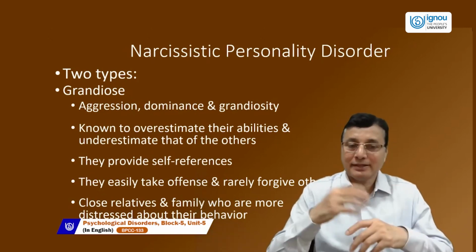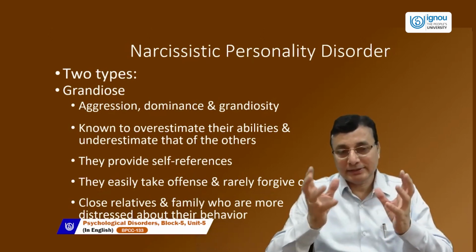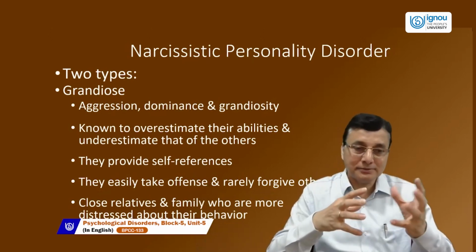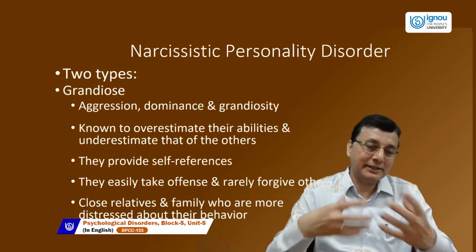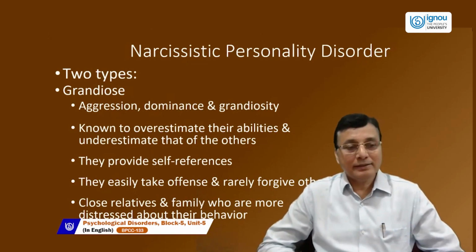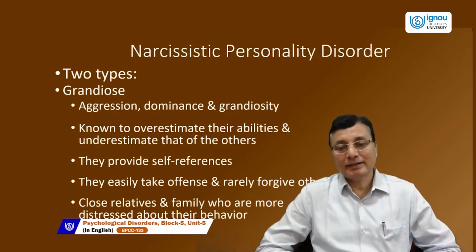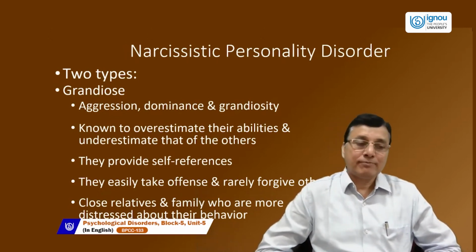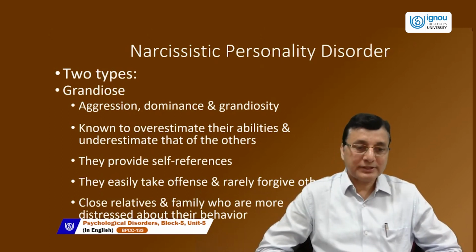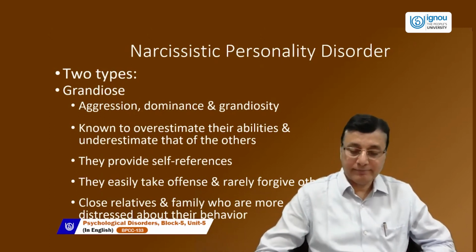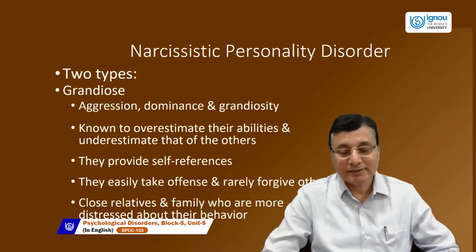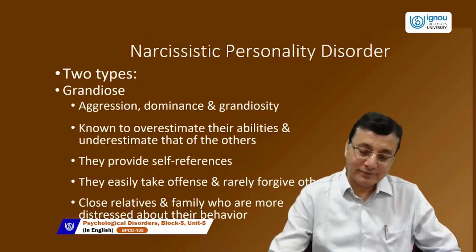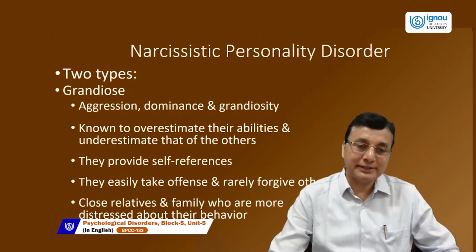Okay, I have done this. I was like this. I am like this. I do this. I do that. They put themselves in each and everything, and they easily take offense and rarely forgive others. Close relatives and family are more distressed about their behavior. So, suppose the boss has narcissistic personality traits, it will be very painful for the subordinates.